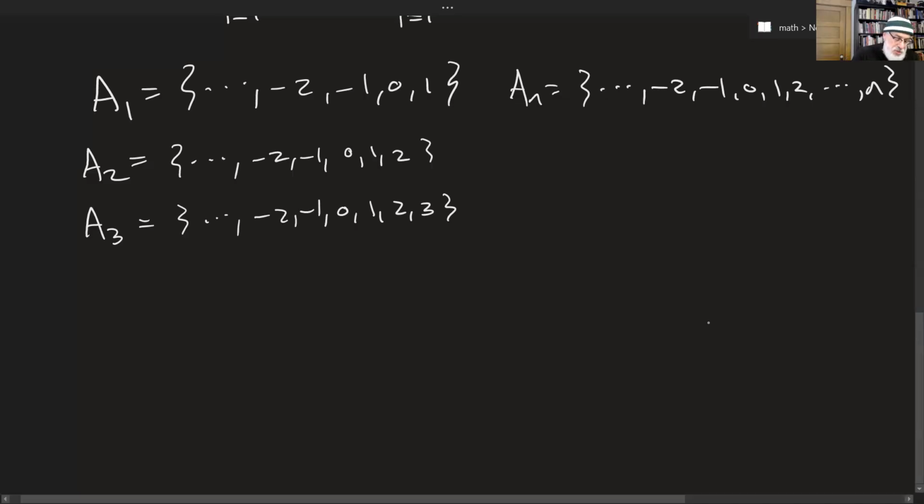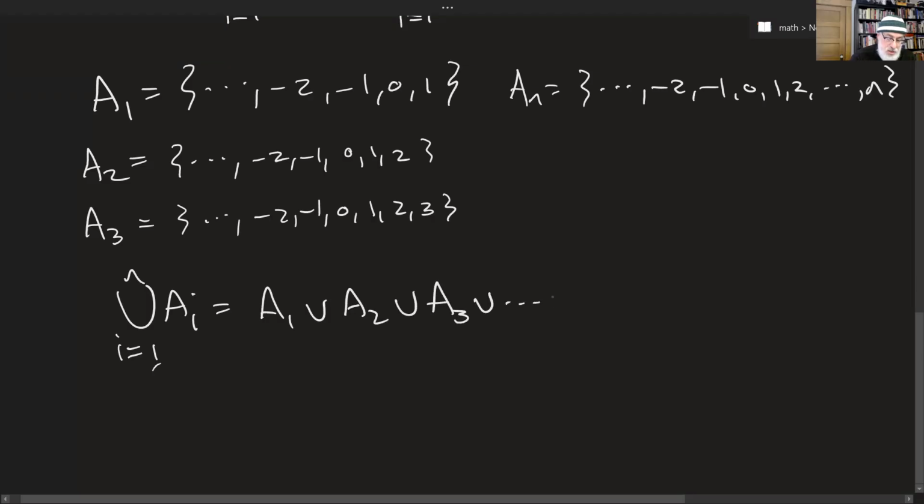With that definition in mind, let's look at what the union of i equals 1 to n of A sub i is. This will be A sub 1, the union with A sub 2, the union of A sub 3, and it'll union all the way to A sub n. So we're taking everything from 1 to n.